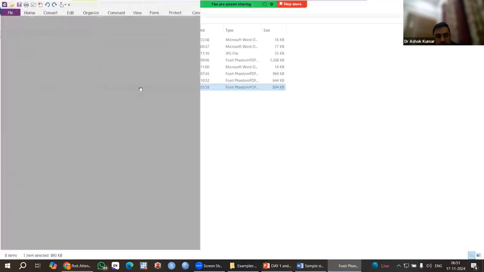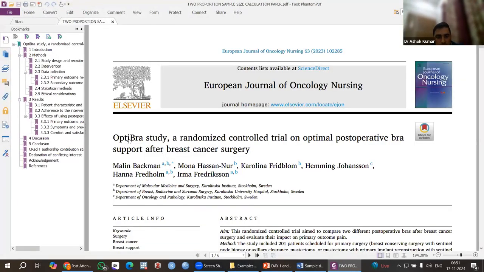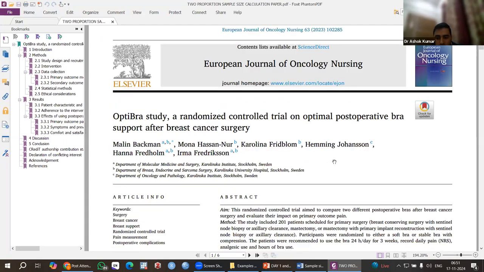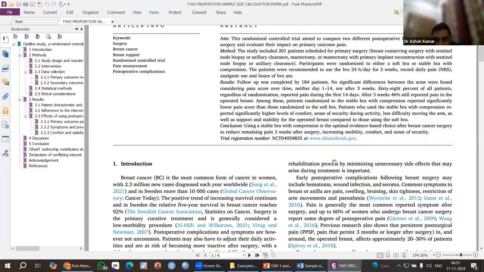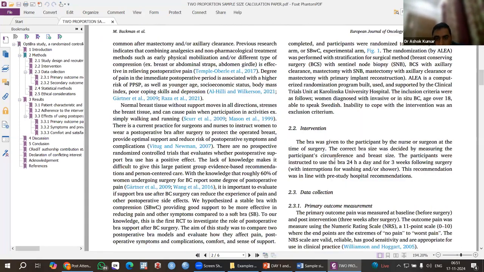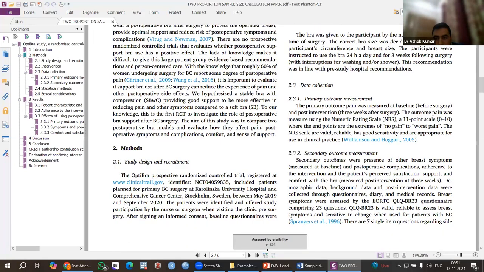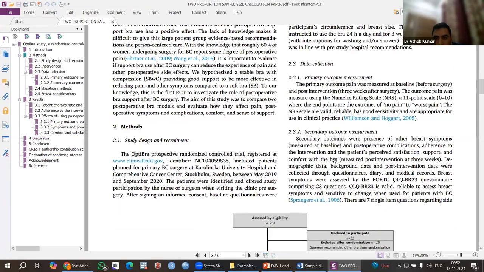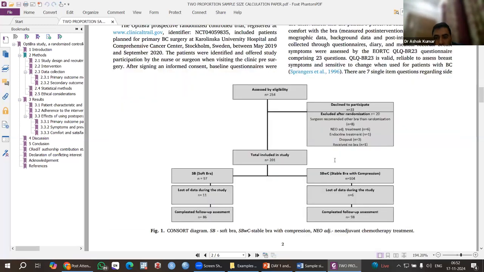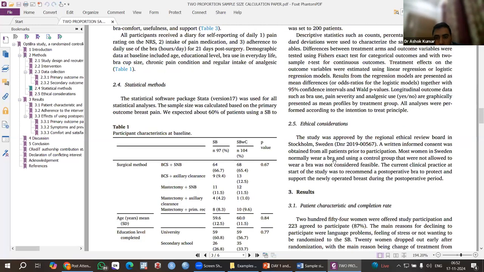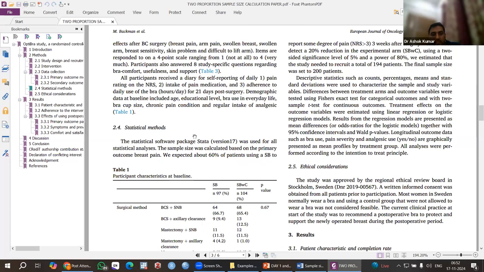This is the Optibra study, a randomized control trial on optimum post-operative bra support after breast cancer surgery. This is published in the European Journal of Oncology Nursing. And here they have given the sample size calculation. Yes, it is a very good thing.